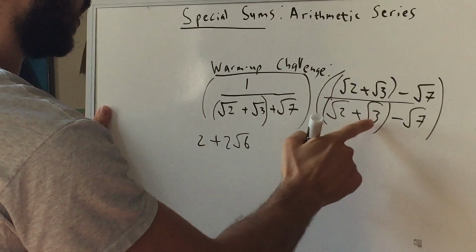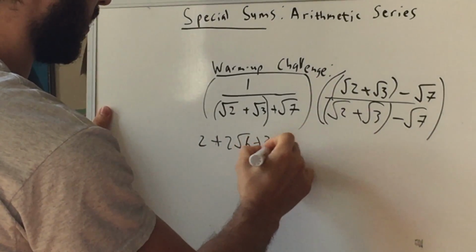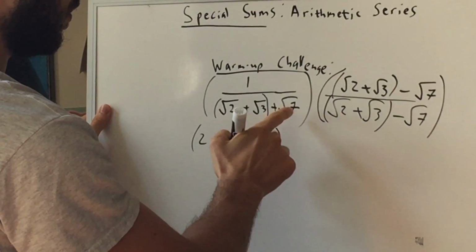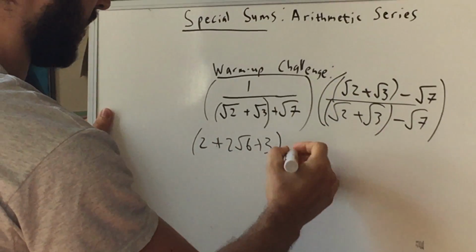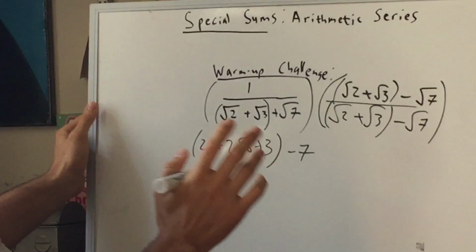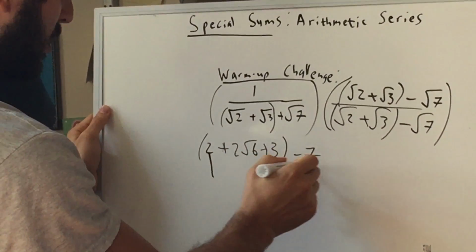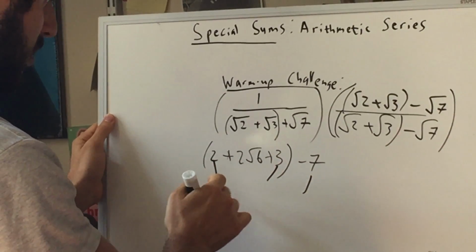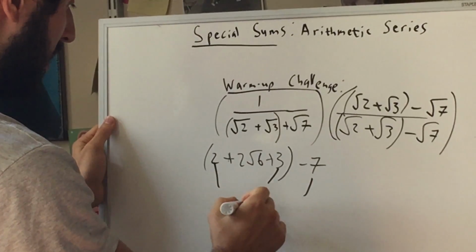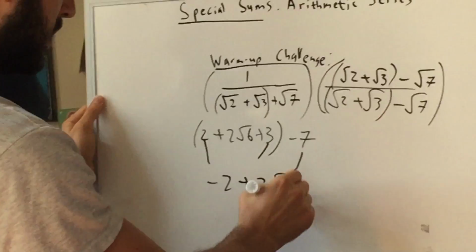And then square root of 3 times the square root of 3 is just 3. And then positive root 7 times negative root 7 is just minus 7. So after we clean all of this up, notice these 3 are just numbers. So that will get us negative 2 plus 2 root 6.